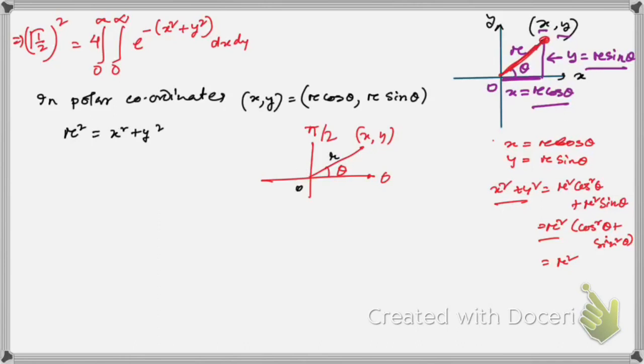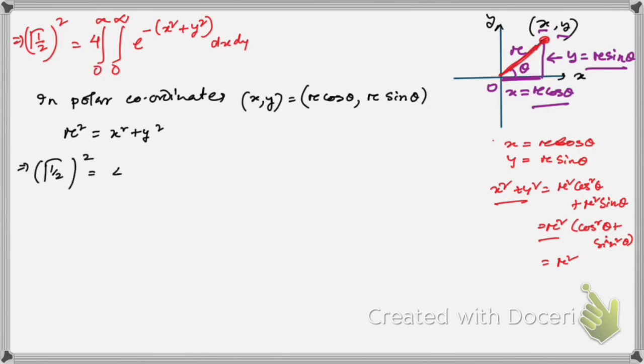So let me clean these things. Okay, so here you see, we can write that 1 by 2 gamma 1 by 2 whole square is equal to 4, with theta changing from 0 to pi by 2.